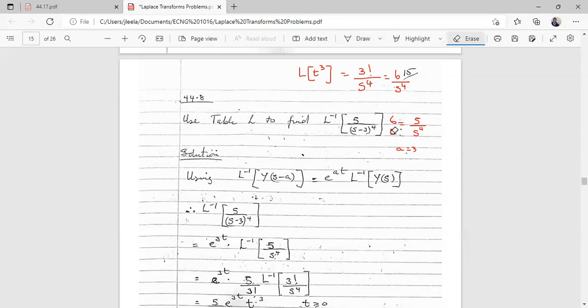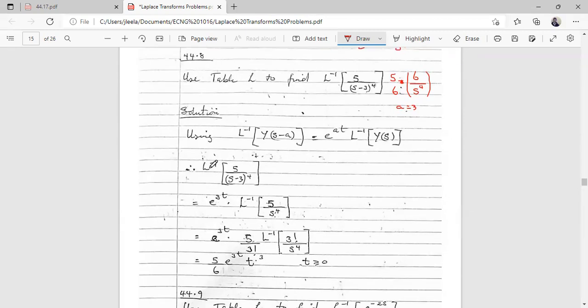Or the other way around, basically. So if you do that, this is 6 and the 6 will cancel, and you'll get your 5 over that. But this here, we know the Laplace inverse of this is t cubed.